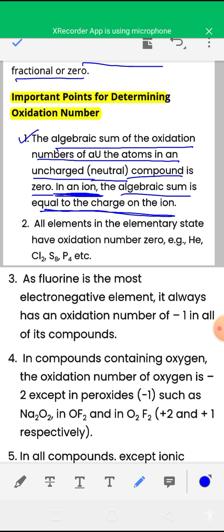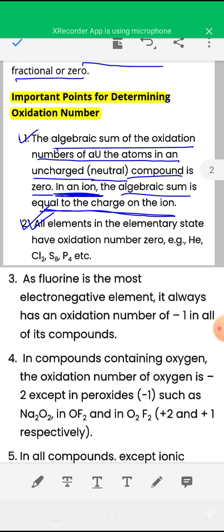Next point, all the elements in the elementary state have oxidation number 0. All the elements in the stable state, like oxidation number of oxygen in O2, oxidation number of nitrogen in N2, oxidation number of sodium in sodium metal, oxidation number of potassium in potassium metal, oxidation number of chlorine in Cl2, oxidation number of sulfur in S8, oxidation number of phosphorus in P4.